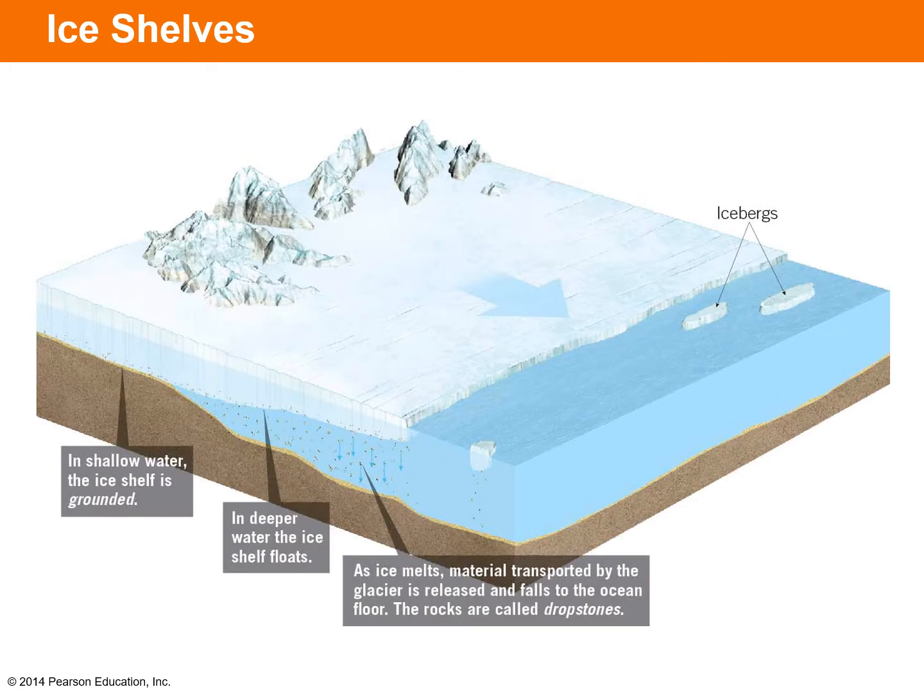So this figure shows some good examples of the features of ice shelves that I just described. You can see here how in the shallow water the ice shelf is grounded or touching the ocean floor, and then in the deeper water the ice shelf floats on top of the water.